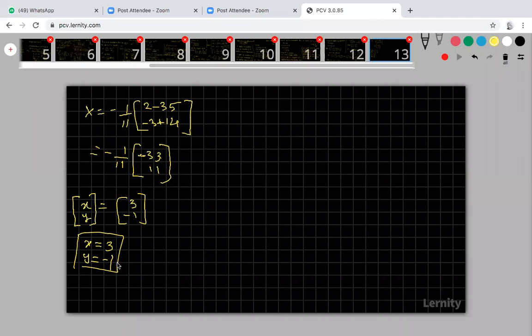The next problem is: solve the system of equations by matrix method.